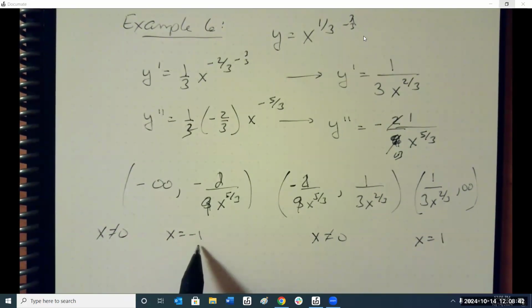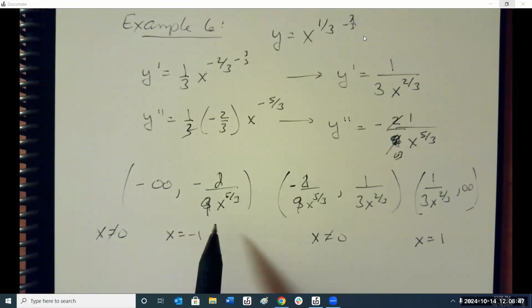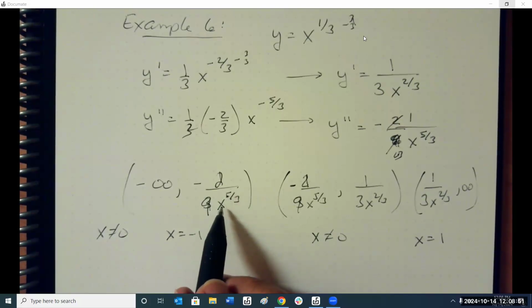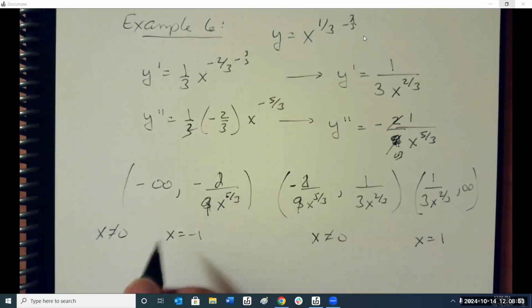Okay, so at this one, we plug that in there. If -1 to the 5th is -1, so that makes it positive. So it's concave up.